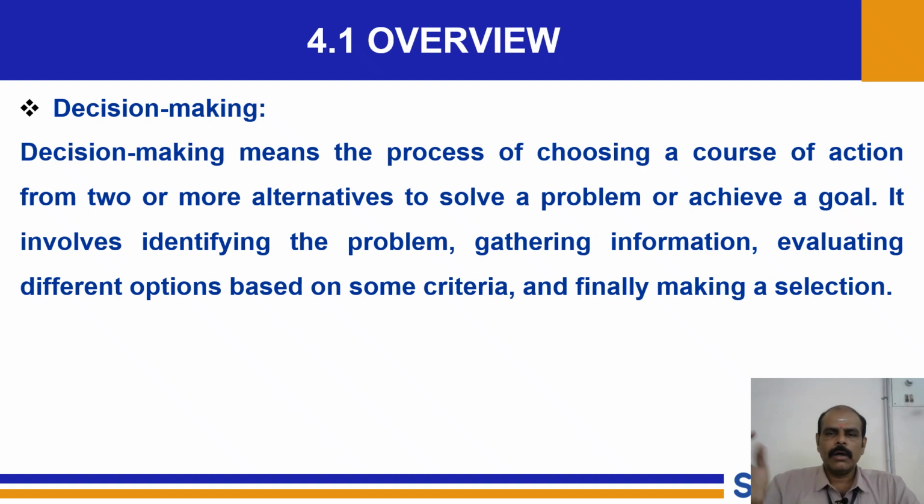Now the same example will come like this. Identifying the problem. It need not always be a problem; it can even be a goal. So the problem here, or goal here, is we wanted to buy a geared two-wheeler of 125 to 150 cc. So we are going to gather information: which all products are there, what's their mileage, what are the local taxes, all such things we will be collecting.